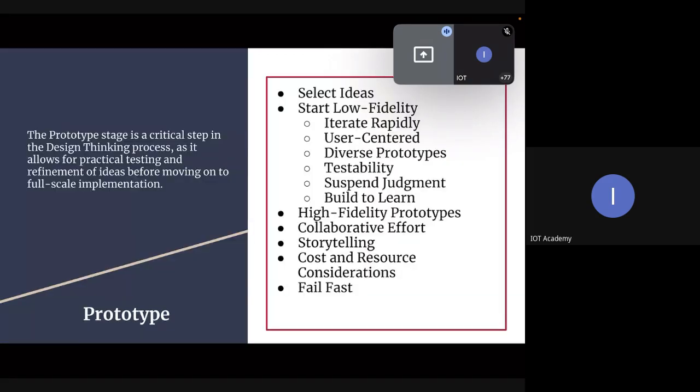Now what is that? The prototype stage is a critical step, and it allows for practical testing and refinement of ideas before moving on to the full scale implementation. Now a low fidelity prototype means, suppose you want to redesign the space in the bus for solving the problem of overcrowding. You make a normal drawing and you share it with the user, and the user says, okay, this is not a good place for me to enter.